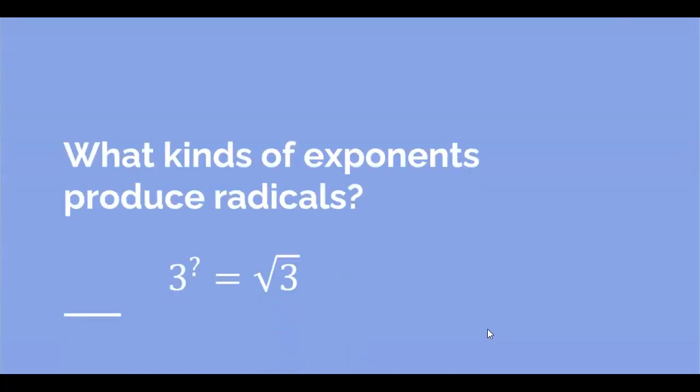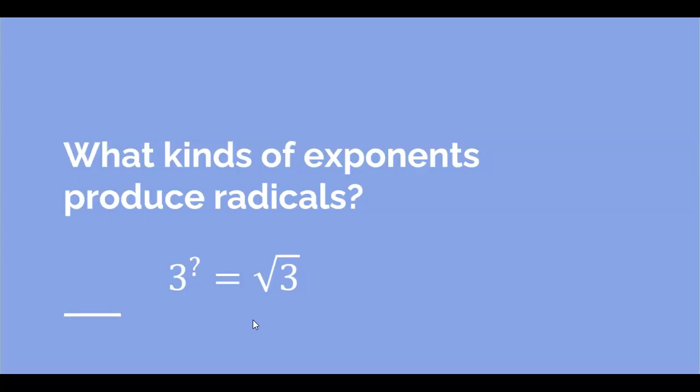Rooting a number. So what kind of exponents produce radicals? Can you remember, can you think back to our exponent rules? We raised a number to a particular exponent and it would produce a radical. It would produce a root. What kind of exponent was that? Was it an integer? Was it a negative number?